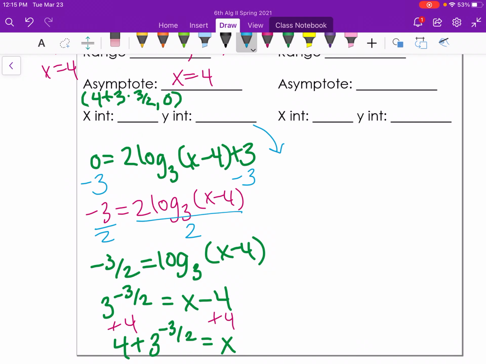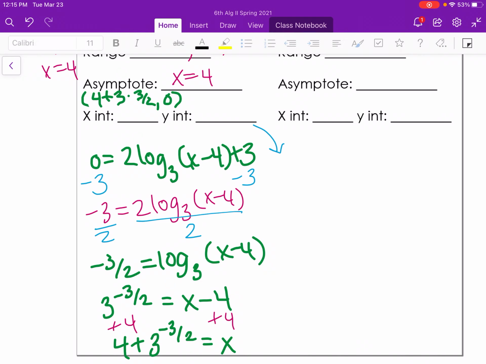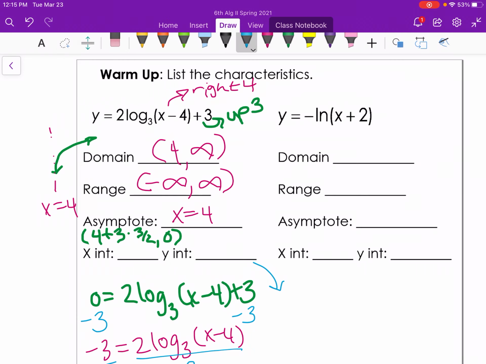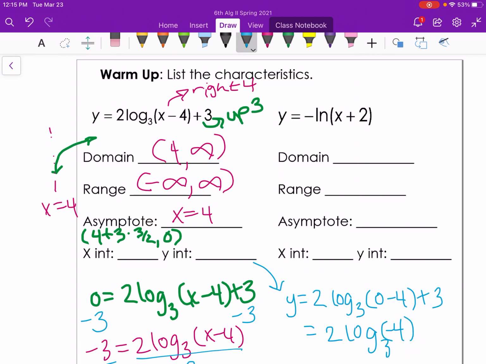My y-intercept's a little bit easier to find. That's when x is equal to 0. So that would be 2 log base 3 of 0 minus 4 plus 3, or 2 log base 3 of negative 4, sorry, plus 3. You can't simplify log base 3 of negative 4.